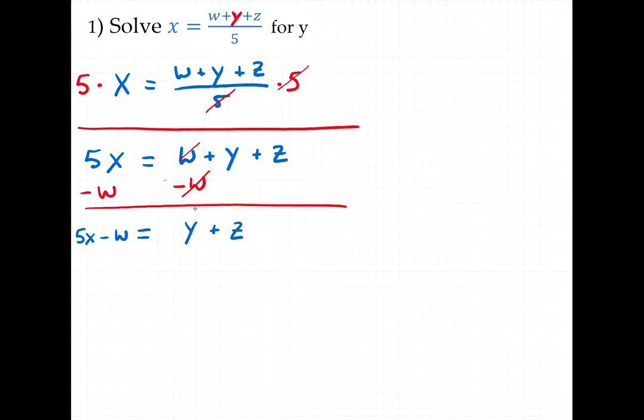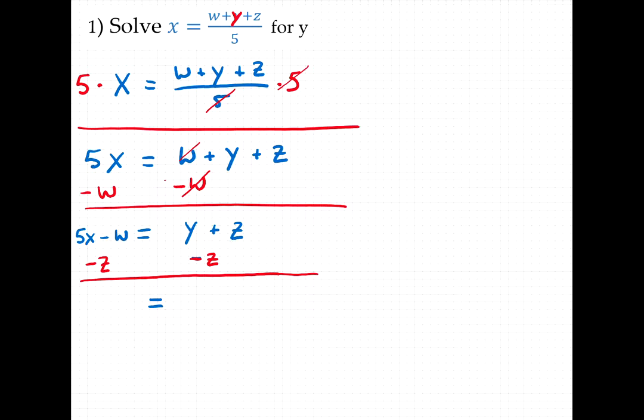All right, so now to get y by itself, one more thing to do here. We have to get rid of that plus z, and the opposite of a plus z is a minus z. And if we subtract z from the right, we must subtract z from the left. And that will give us what we want.